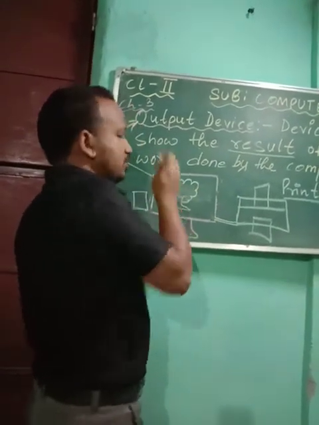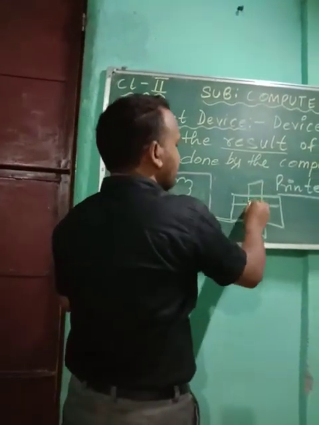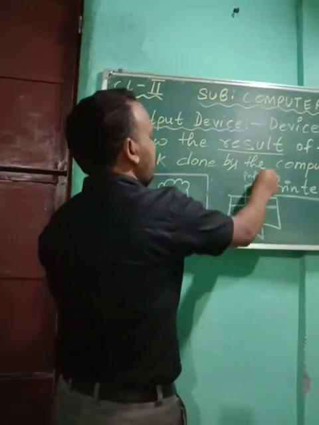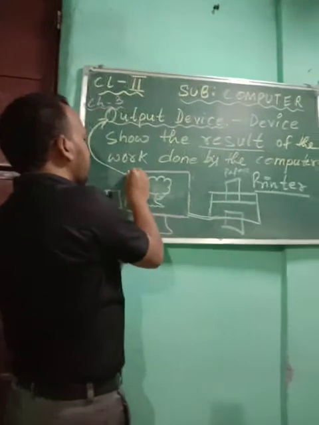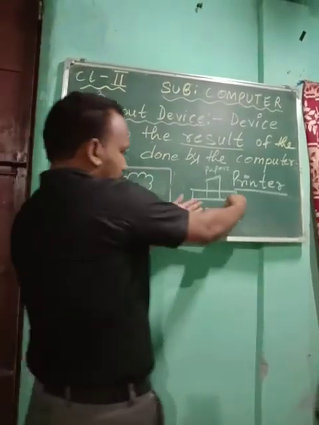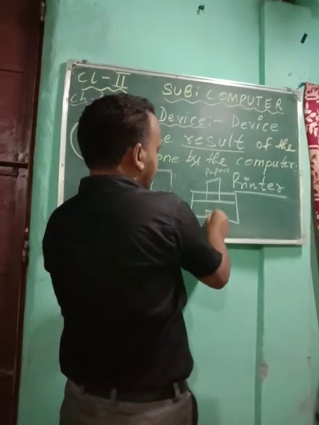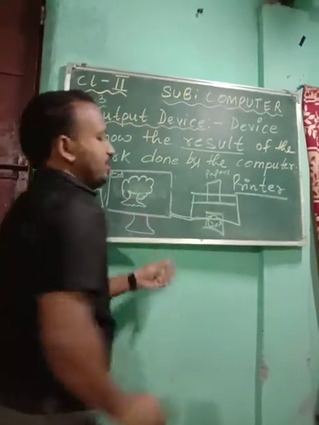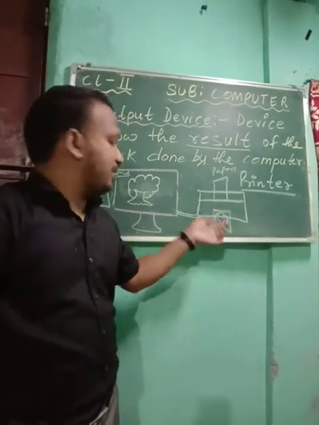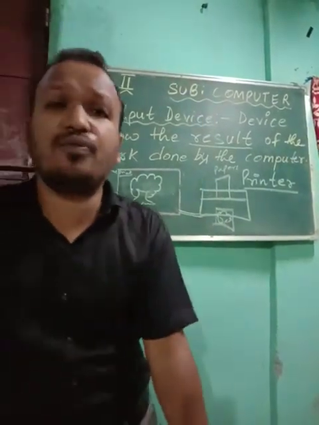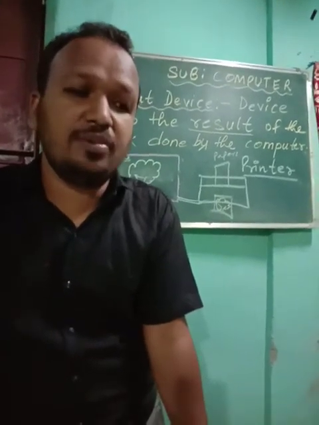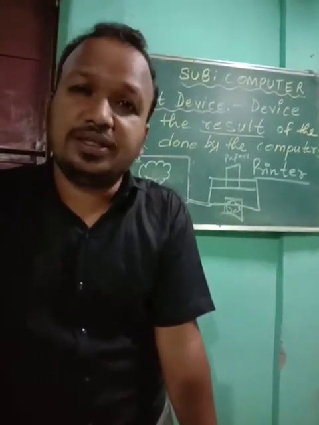You want to draw a tree, so you keep the printing papers here, and when you give a print command, the tree comes out printed on the paper. So this is also giving out the result. So printer is also an example of an output device.